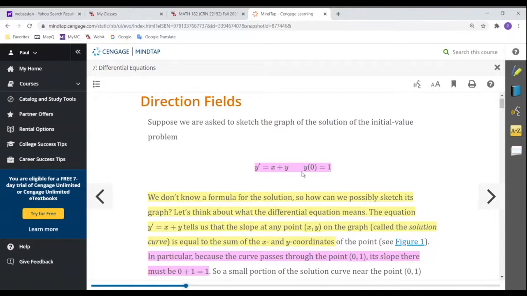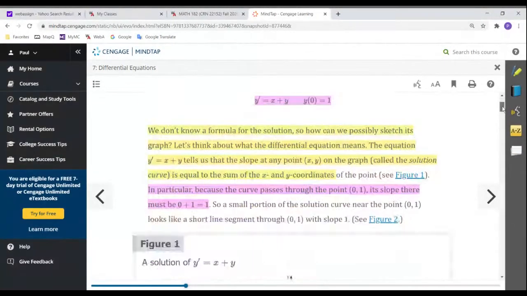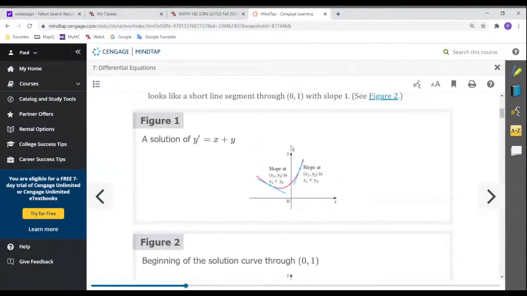But you could find the slope. Any solution to the differential equation y prime equals x plus y has to satisfy the differential equation. So you see, in figure 1, they have a slope drawn at a point in the first quadrant, and then they have a slope drawn at a point in the second quadrant.